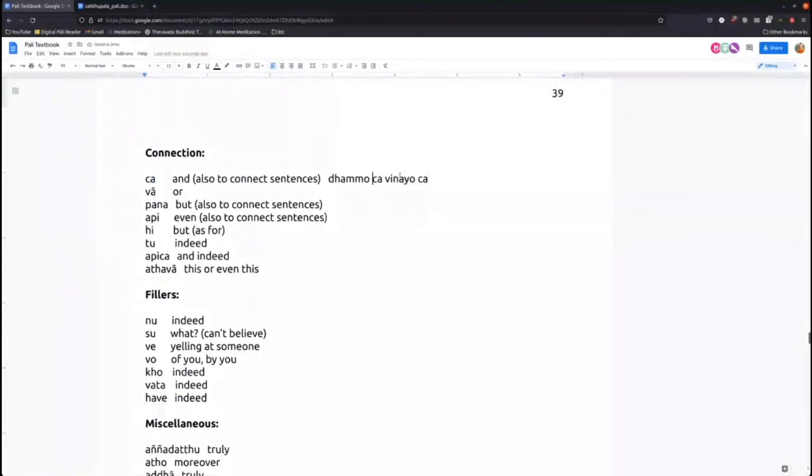Cha and wa are both used like this. And again, if there's more than two, you don't necessarily need this one. So you will sometimes see it like this. You will never see it like this. I can't think of an instance where you would ever see it like we put it in English. That just doesn't make any sense. But you will sometimes see it like this, I think.